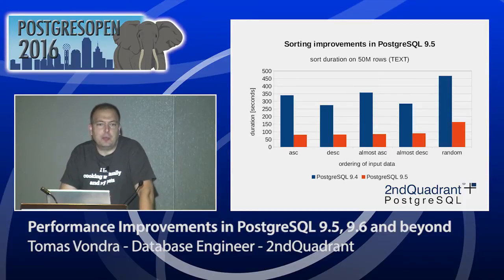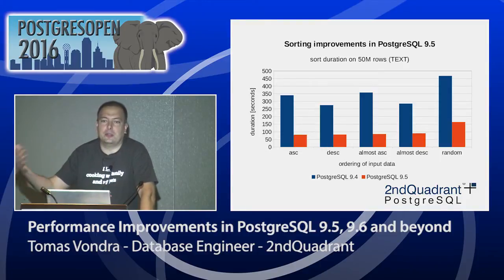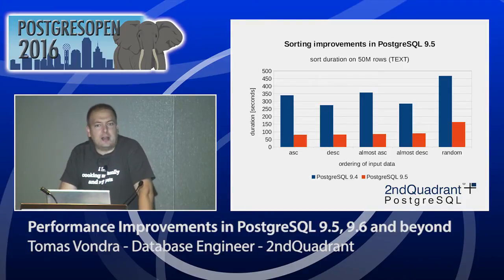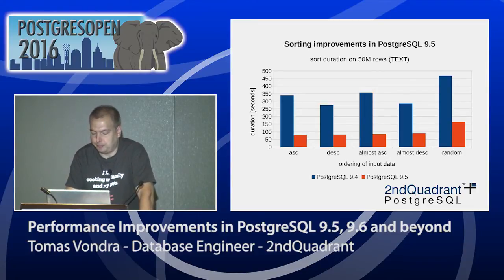And this is important because if you are doing, for example, large aggregations on large data sets, using group by, then we can't actually do that using a hash table, because that wouldn't fit into memory, probably. But we can do that using sorting, and sorting is really a key performance improvement here. So that's quite significant. If you are doing analytics, this is going to help you a lot.